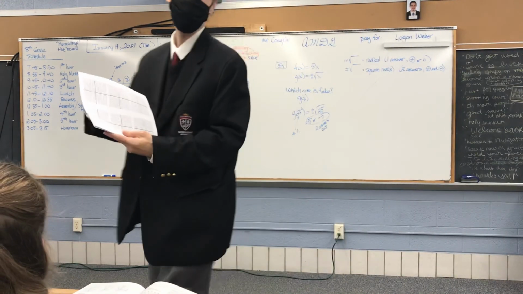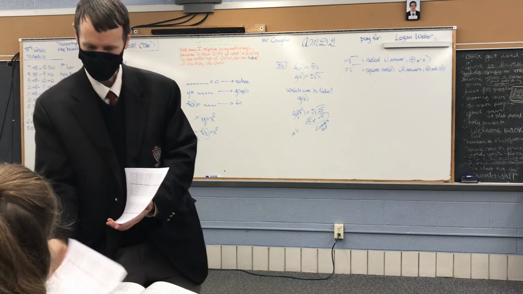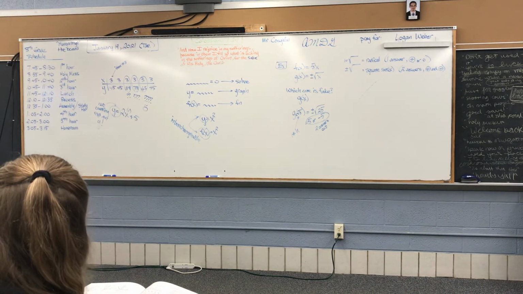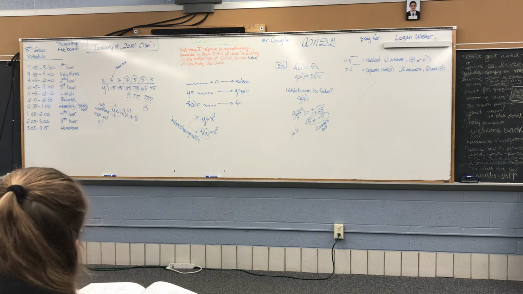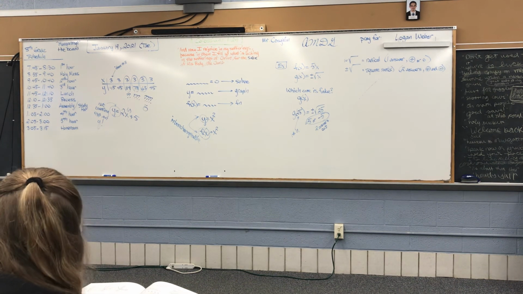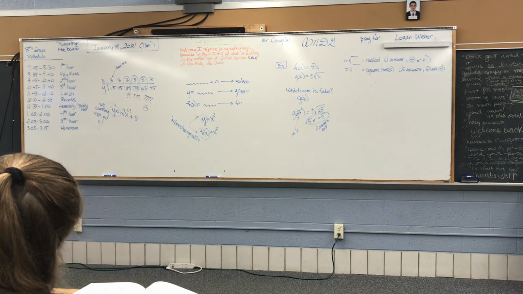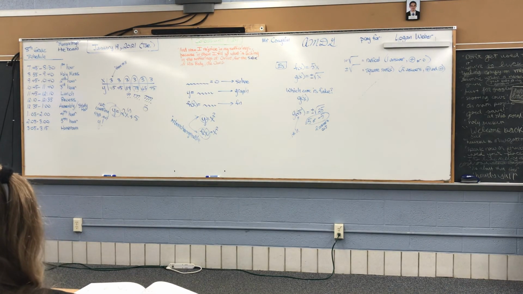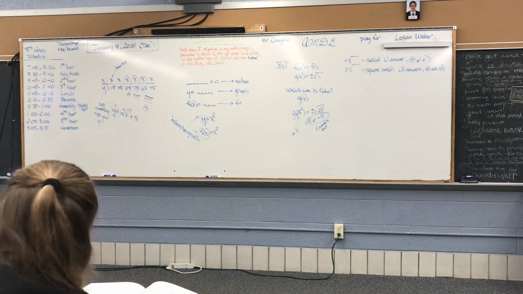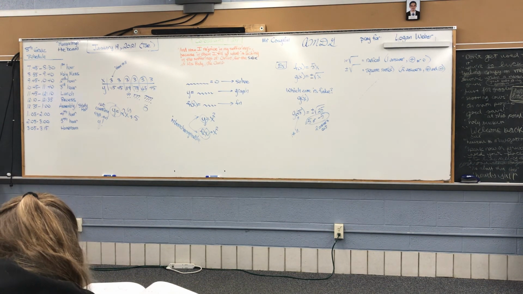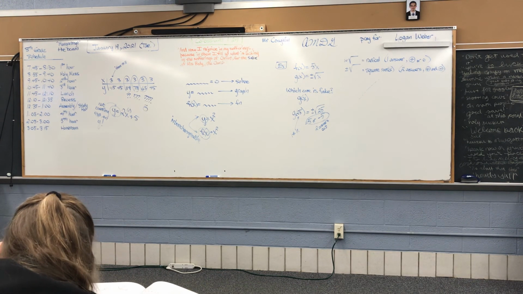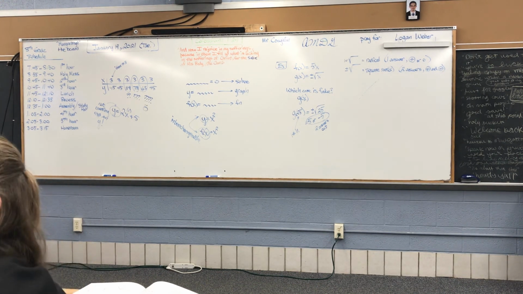If you need more, I'll put it over on the table over yonder. Is this 13B? 13B, right. There's more on the back too, by the way, so there should be 13. So you should have plenty. You just write right on it. Just put your name on the top.